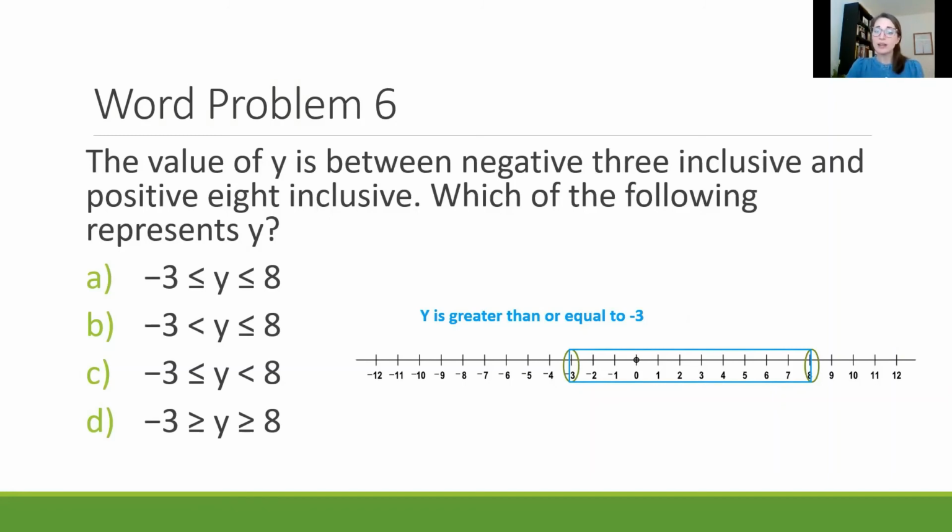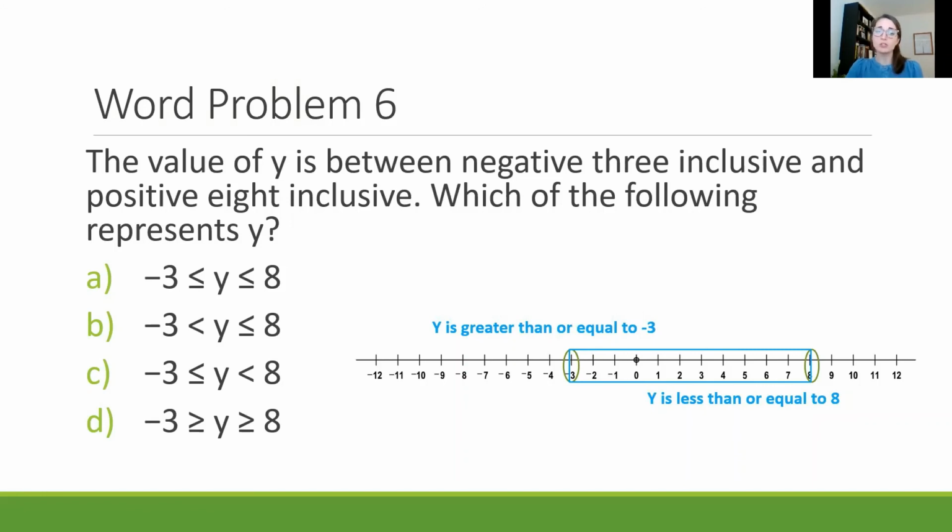So y is greater than or equal to -3. And again, the equal to comes from that word inclusive. So that's one side. Now, if we think about the 8, then we would say y is less than, because everything else from the 8 is smaller, or equal to 8.